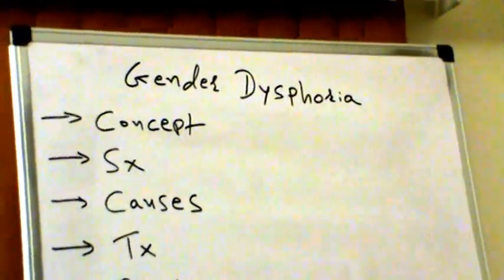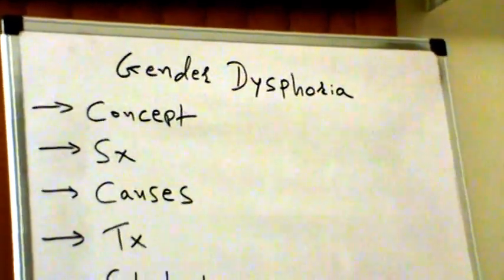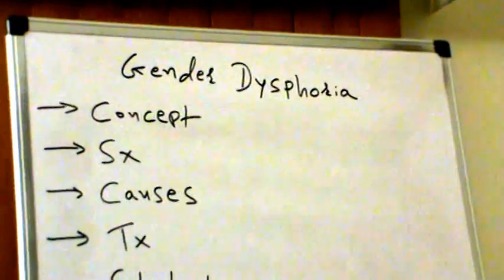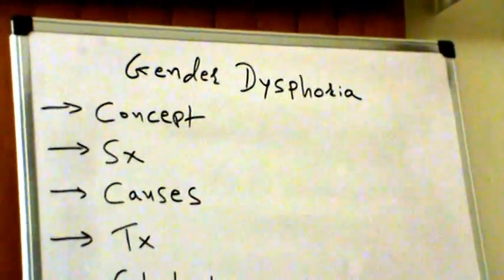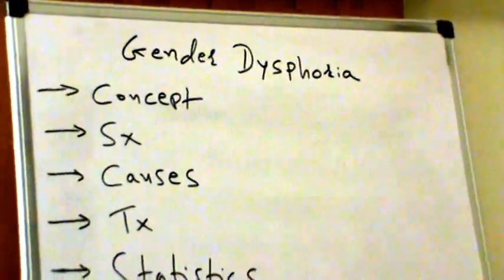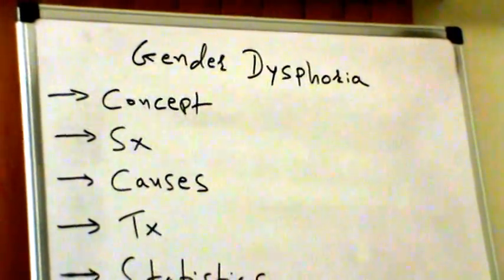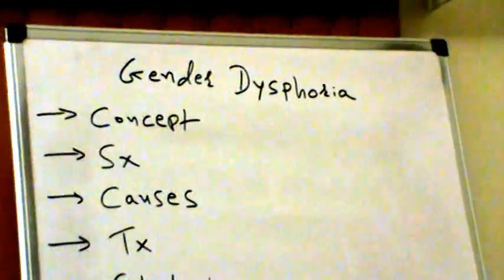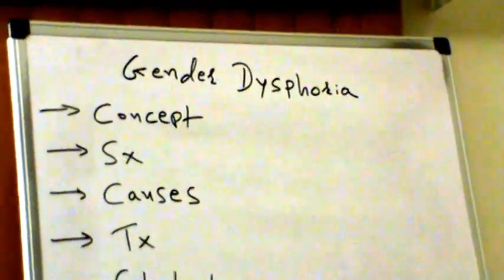People with gender dysphoria desire to live as members of the opposite sex and often dress and use mannerisms associated with the other gender. For instance, a person identified as a boy may feel and act like a girl.